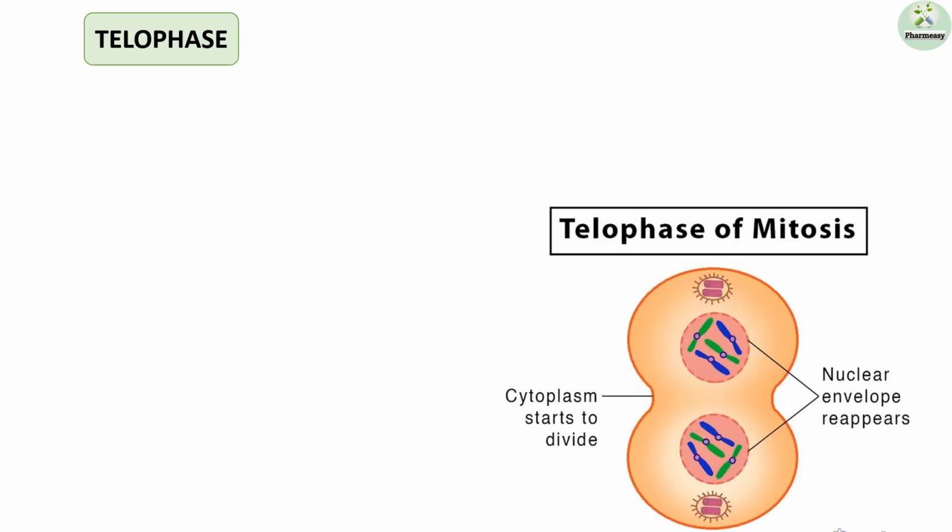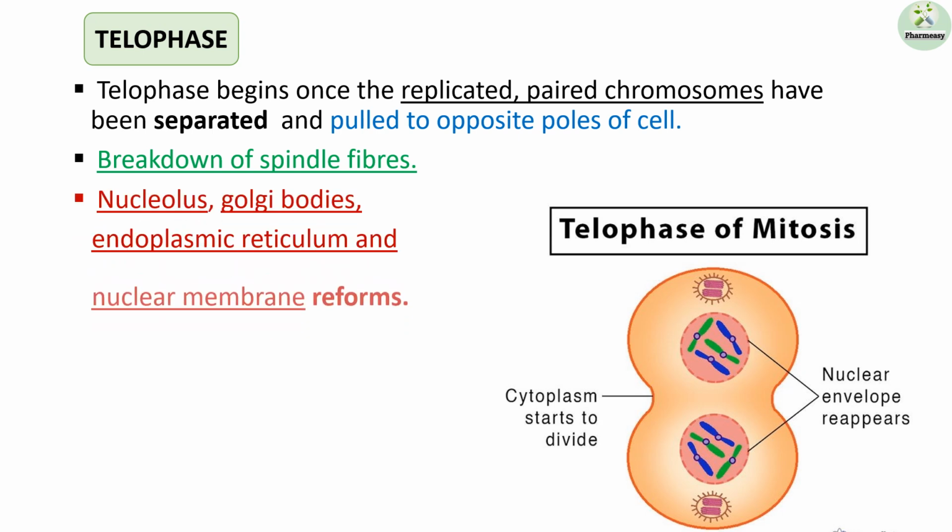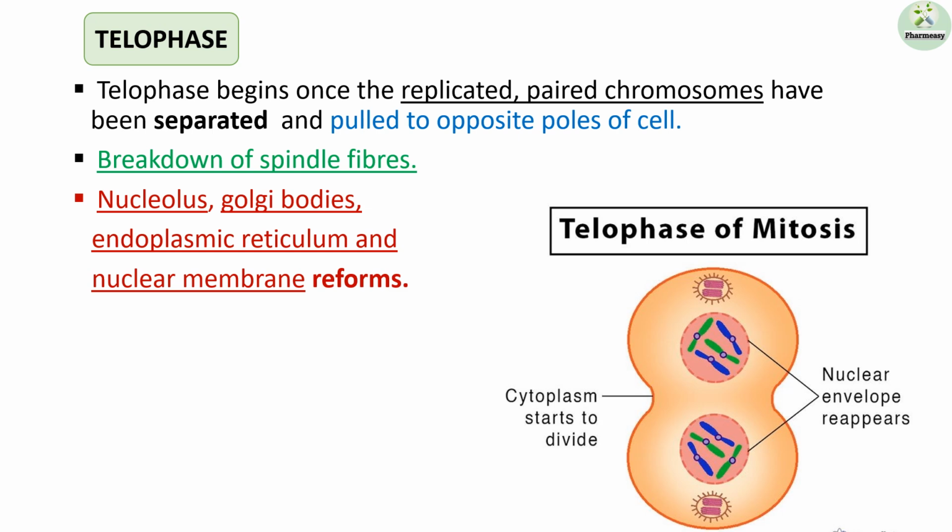Next phase is telophase. It begins once the replicated, paired chromosomes have separated and pulled to opposite poles of cell. This phase is characterized by breakdown of spindle fibers and nucleolus. During telophase, a nuclear membrane forms around each set of chromosomes to separate the nuclear DNA from the cytoplasm.